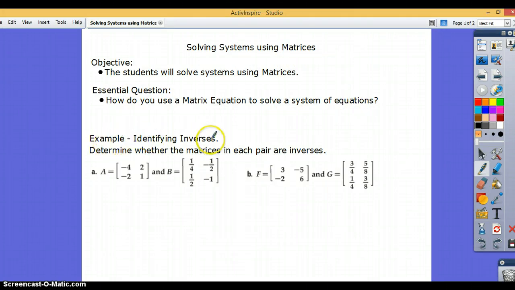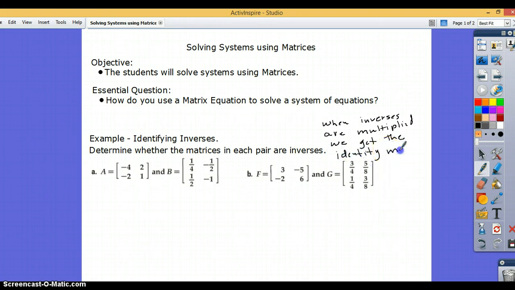Alright, so identifying inverses. You have two options. You can either multiply these together, because when inverses are multiplied, we get the identity matrix.